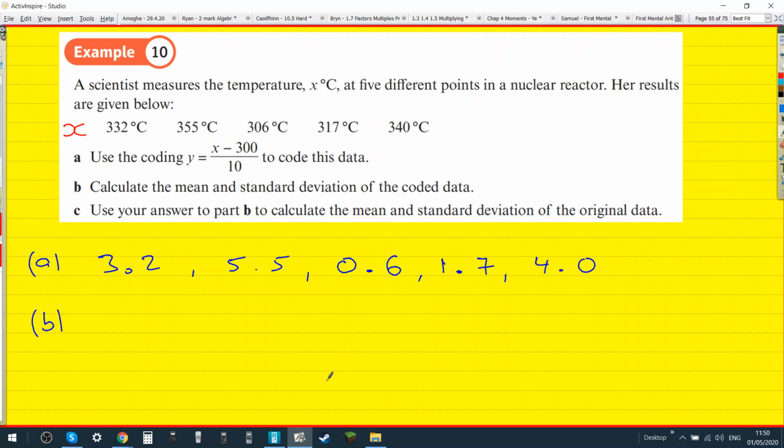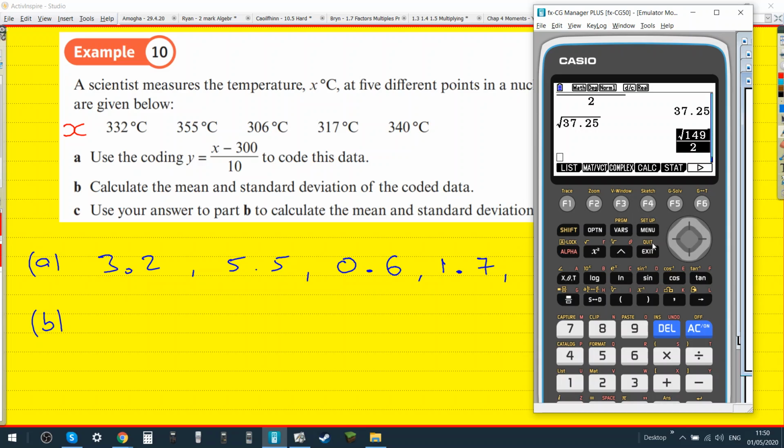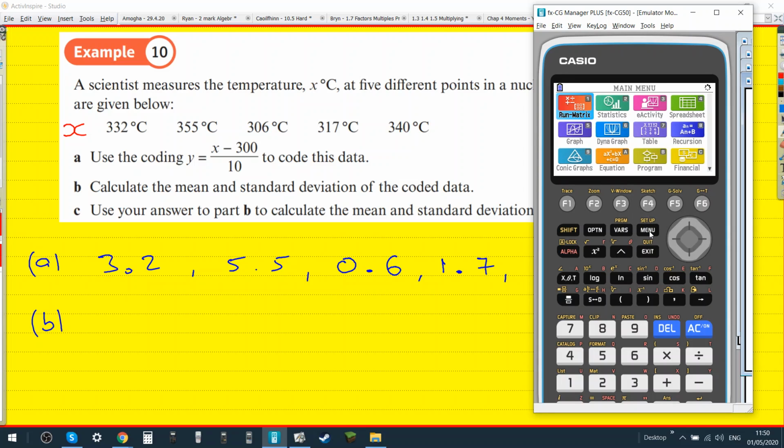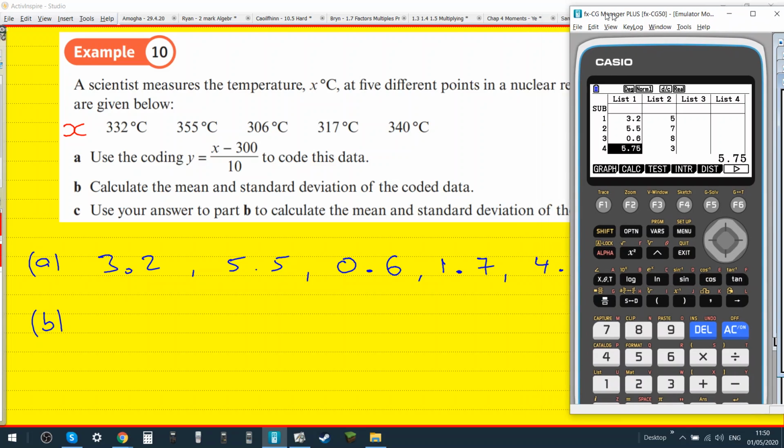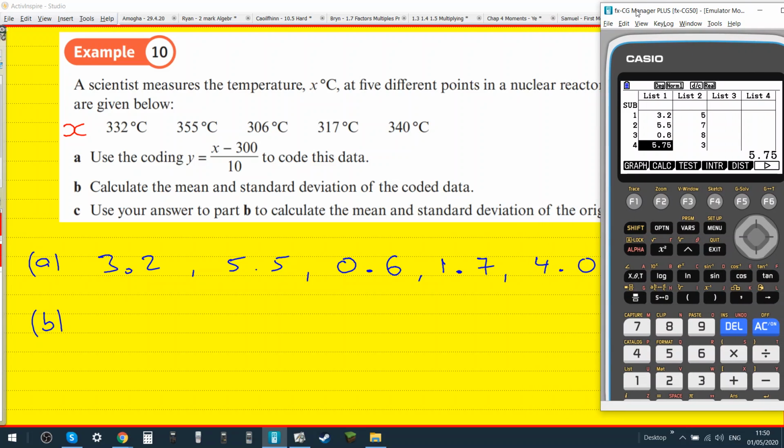Do I put it in my calculator? Yeah. And what do you get?